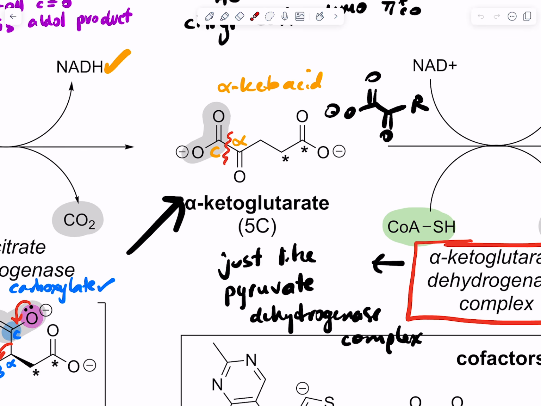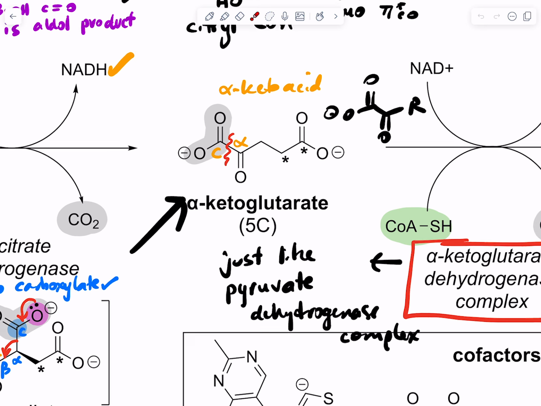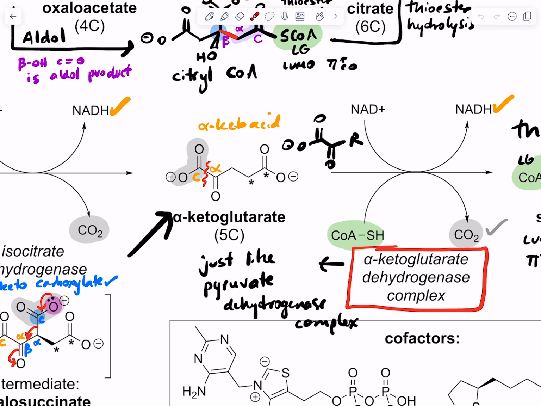Where I left you was to go back through, learning from what you saw in the pyruvate dehydrogenase complex, and go through the decarboxylation of alpha ketoglutarate, which is just like pyruvate, only it has an R group instead of a methyl group there.